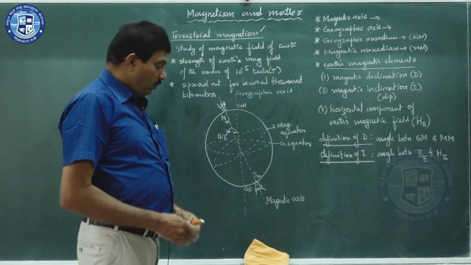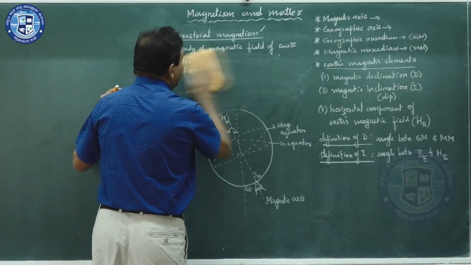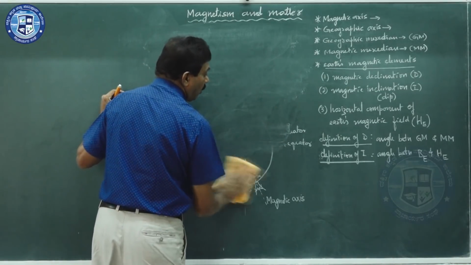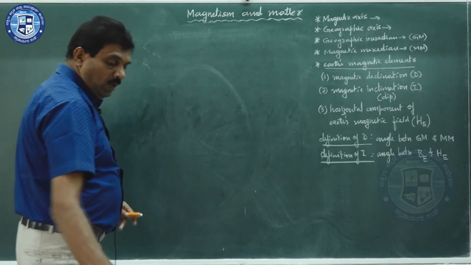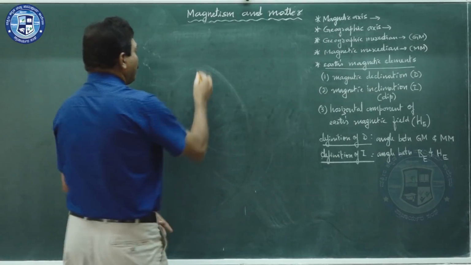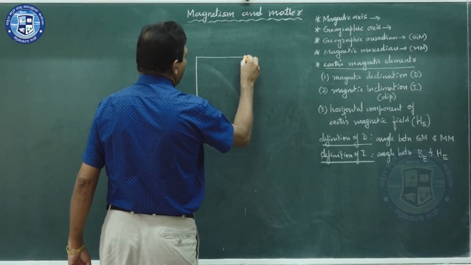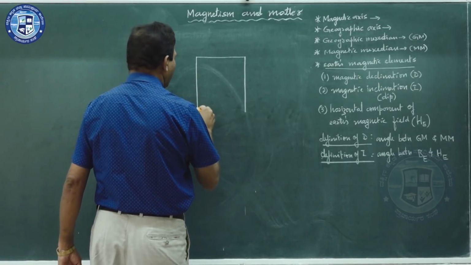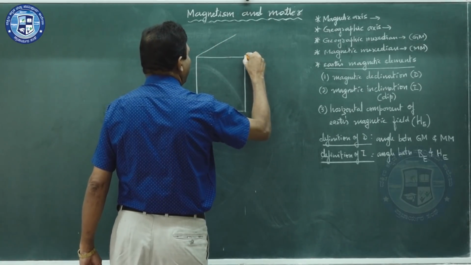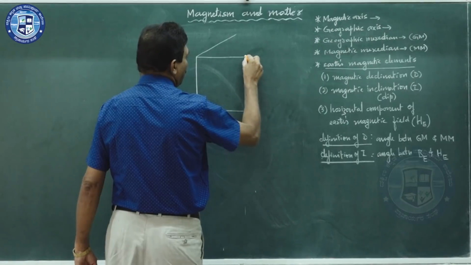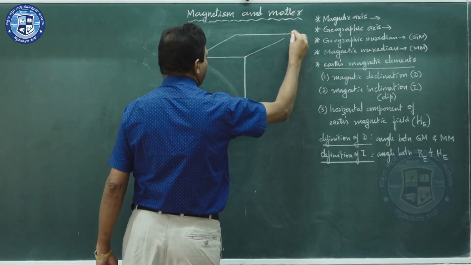Now, let us try to understand declination and inclination better, or all the three Earth's magnetic elements, how exactly they can be represented. Just imagine a cube here. This is a very interesting cube, which will help you understand the things better.